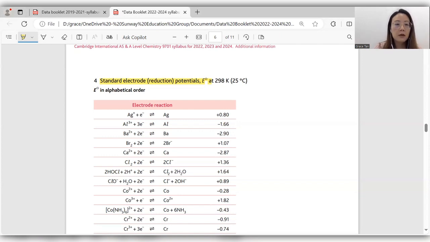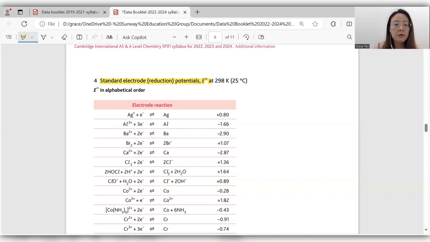All right. Now, whatever you're looking at is the 2022 to 2024 version. So for 2022 to 2024, the 3-year syllabus, the E values are provided in the question paper itself. So you will not be provided with another data booklet like the previous syllabus year.